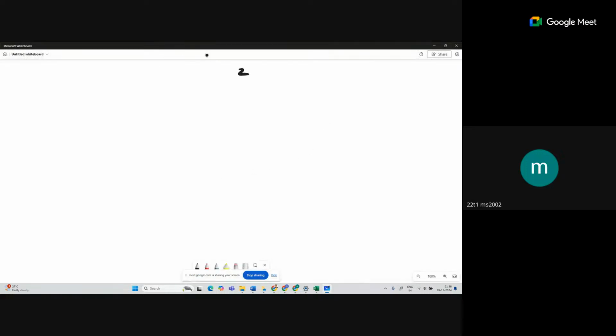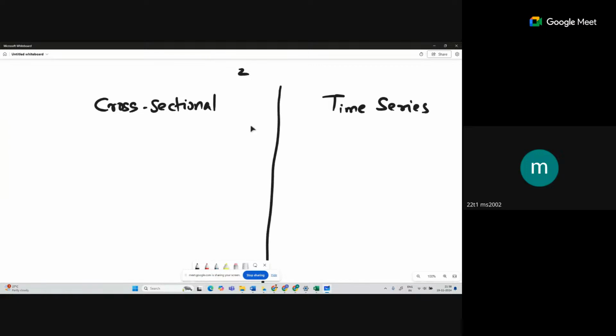So you have two types of data. One is cross-sectional data. The other one is time series data. What is the difference between cross-sectional and time series? Give me examples of both.